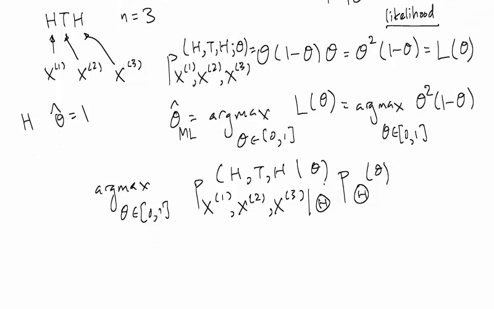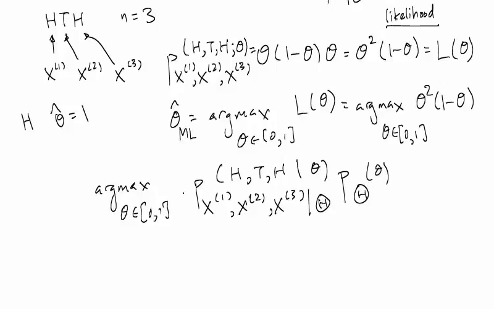And the product rule for random variables says that this product is the joint distribution of the training data, x1 up through x3 in this case, and capital Theta, the parameter.